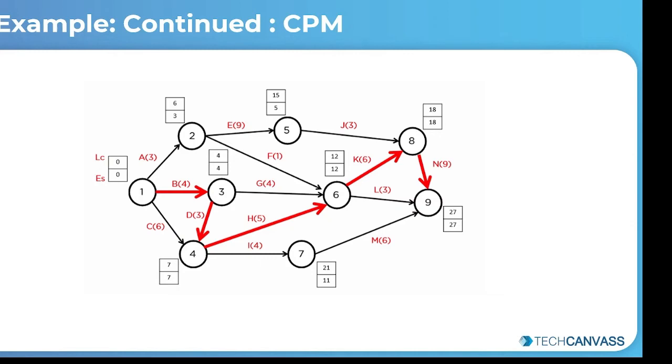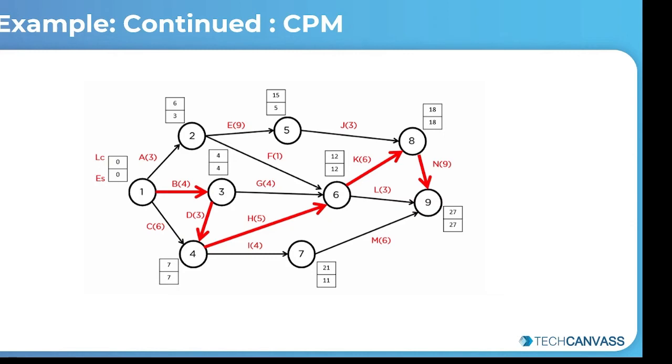The early start for node 2 is equal to 0, which is the earliest start time for node 1, plus 3, which is the duration between node 1 and node 2. So when you add 0 plus 3 it is equal to 3. And like that, the forward pass is complete.